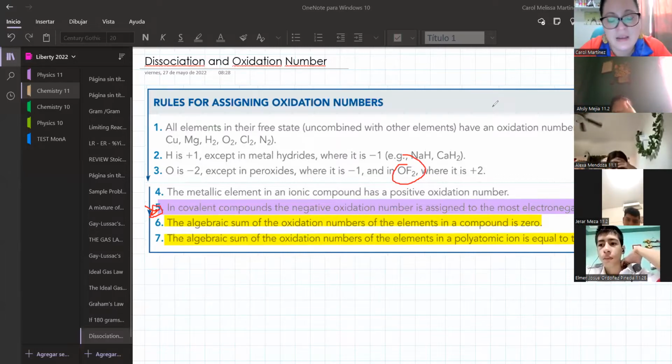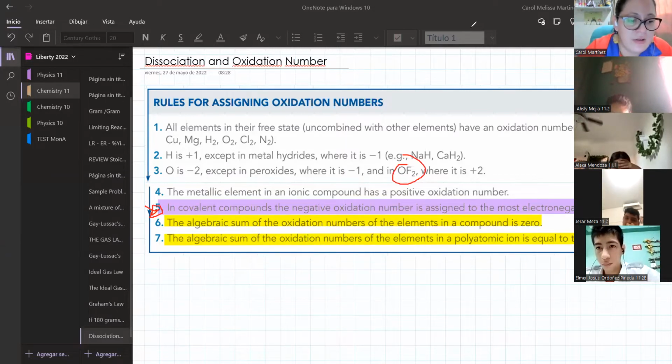So fluorine will use the charge of -1, and oxygen is going to be +2. But that's the only exception of the rule. So I told you, 99% of the time it's oxygen -2, except when you have oxygen difluoride or a peroxide.